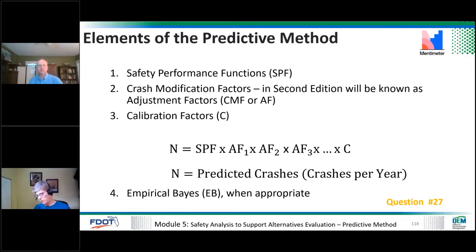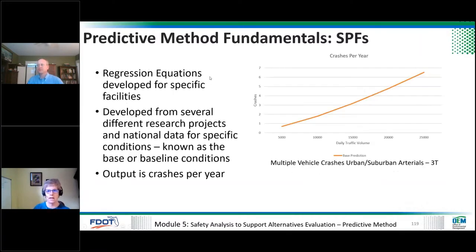So I'm going to talk through each of these now and hopefully introduce the concepts. So these SPFs, the safety performance functions, are specific to facility types and roadway segment and intersection types.